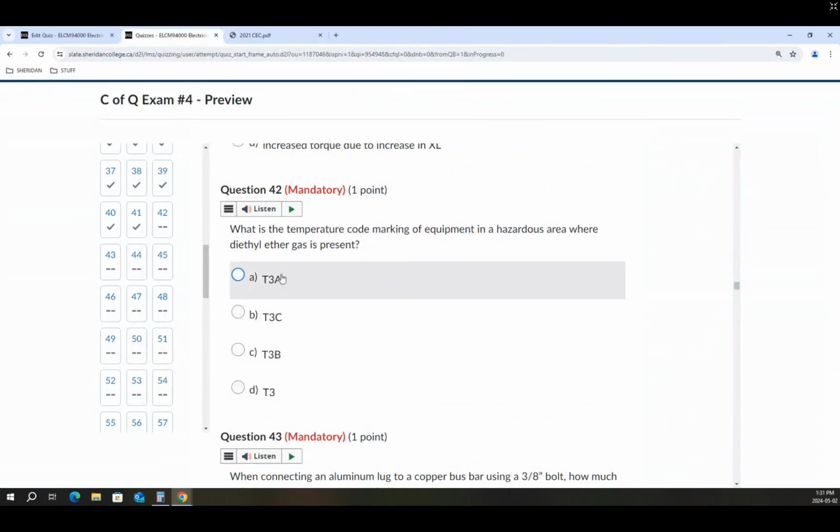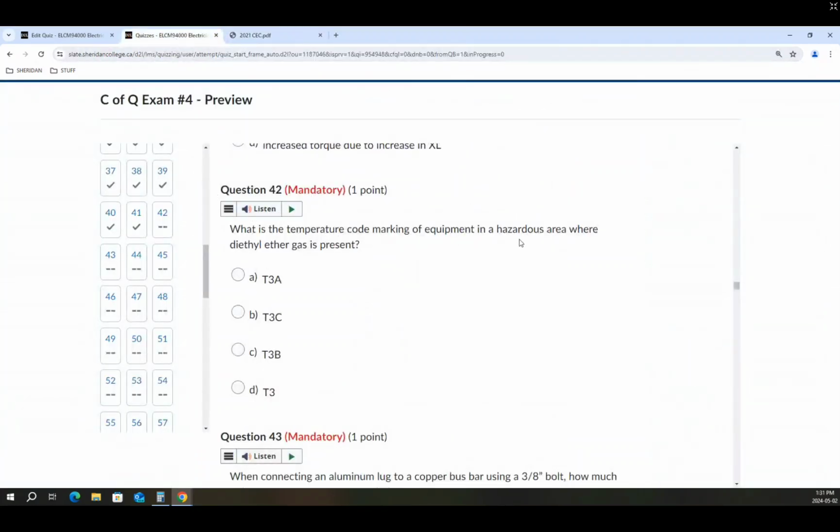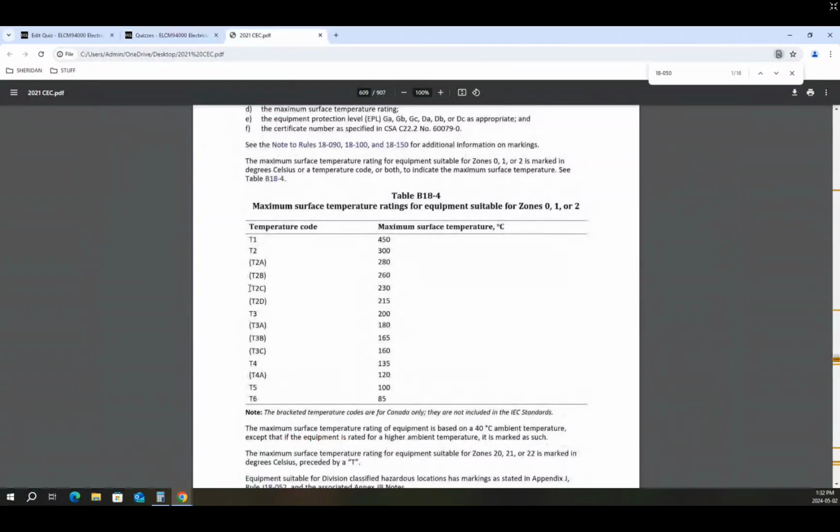So I don't know if it's T3A or T3B. My question is, what's the temperature code marking of the equipment in a hazardous area where that is present, and it has an ignition temperature of 175? So I'm going to go with T3A for 180.